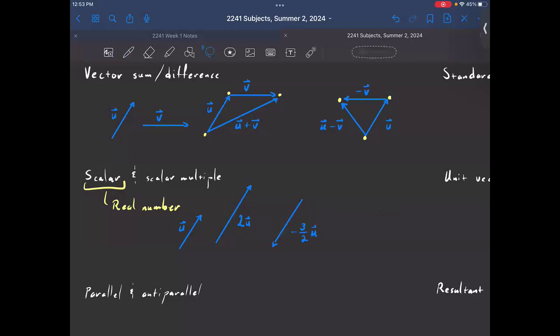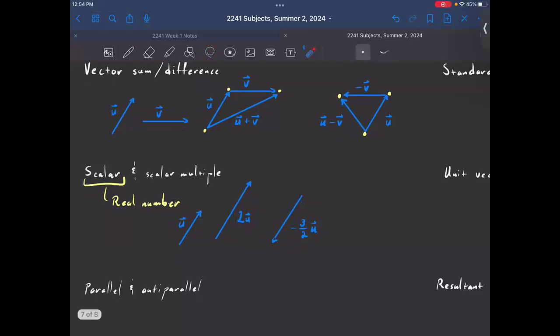Maybe that doesn't look exactly like 3 halves, but you can kind of imagine the idea there. So this is scalar multiples of vectors and scalars themselves. The scalar is this number 2 right here, the hidden number 1 right there, and the number -3/2 there. And the scalar multiple of the vector u is the whole vector 2u, or -3/2 u.